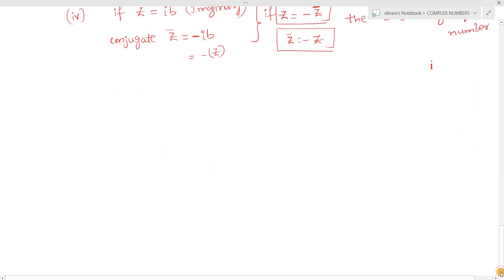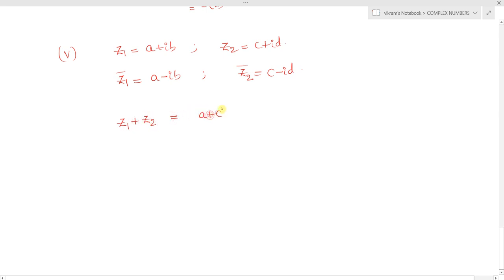Okay, moving on to the next properties. Consider z1 equals a plus ib and z2 equals c plus id. Now z1 conjugate we obtain as a minus ib, and z2 conjugate we obtain as c minus id. Now I am writing z1 plus z2, which equals a plus c plus iota times b plus d.